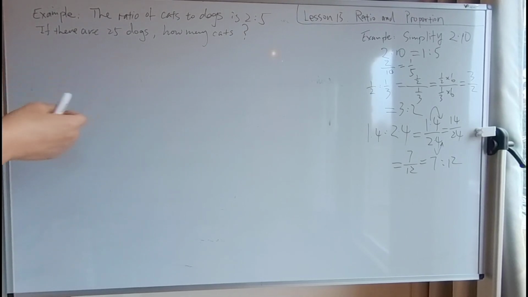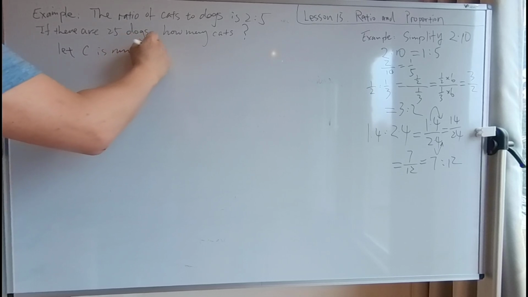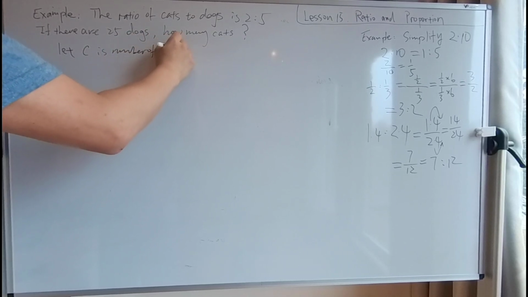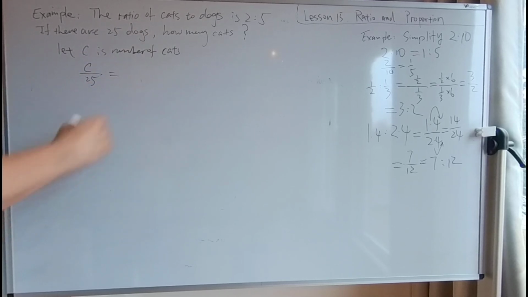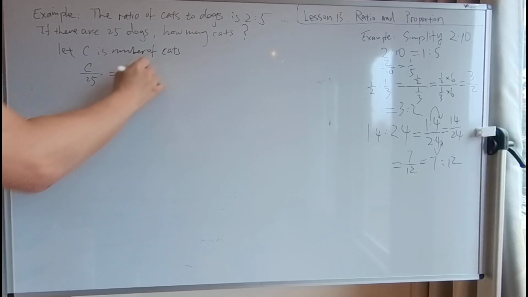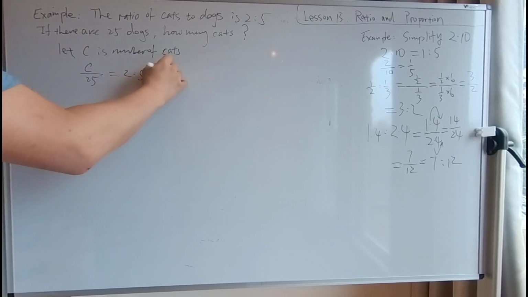Later on I can show a quicker way to solve this, but here let's start from the definition of the ratios. So if I assume that C is the number of cats, then C/25 is how we get this ratio 2/5, right?